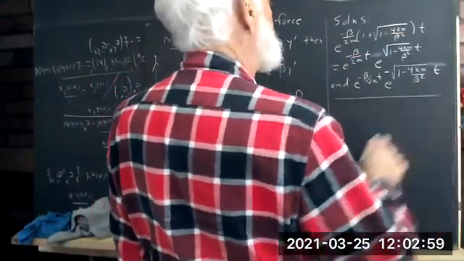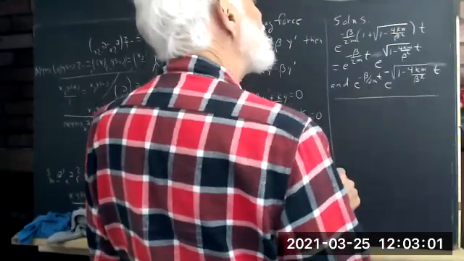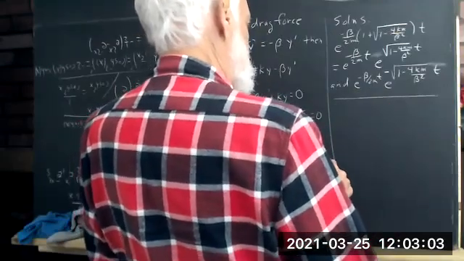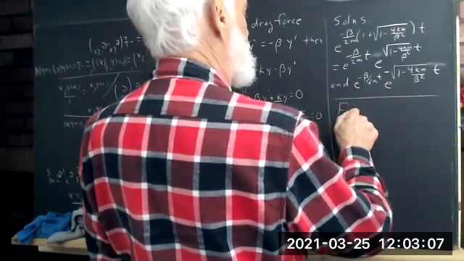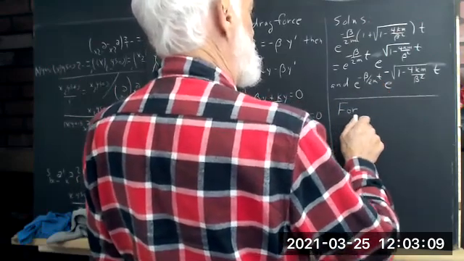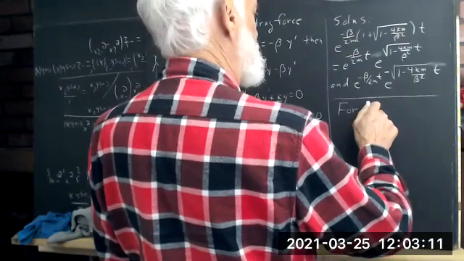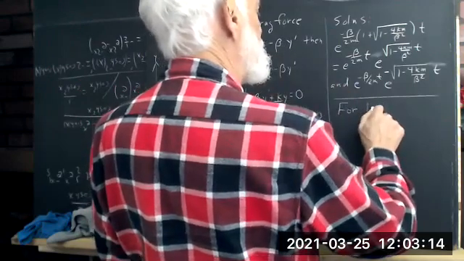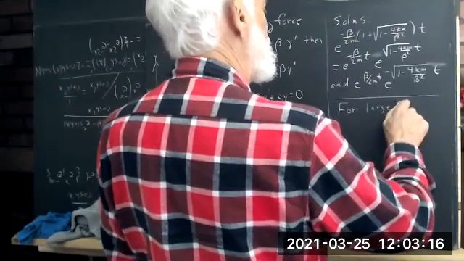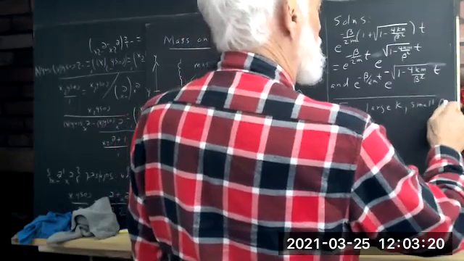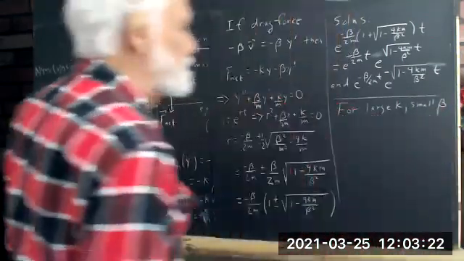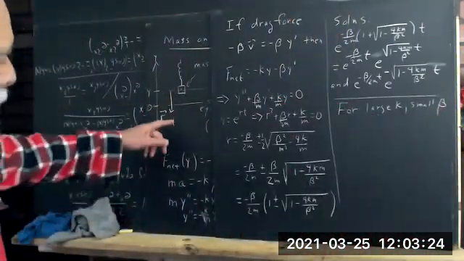Okay, well, large k, small beta, and you could just take the original solution.